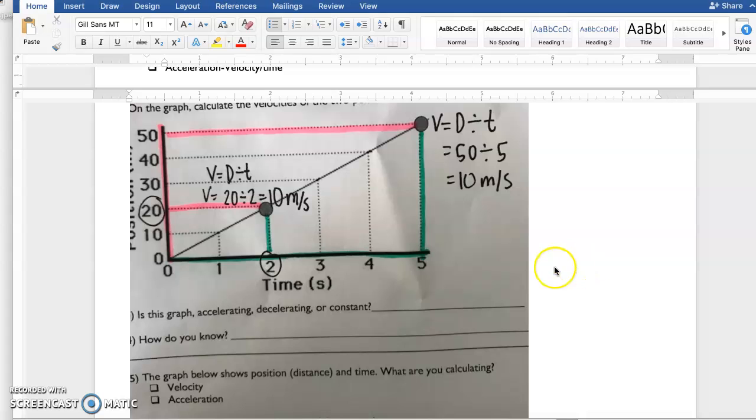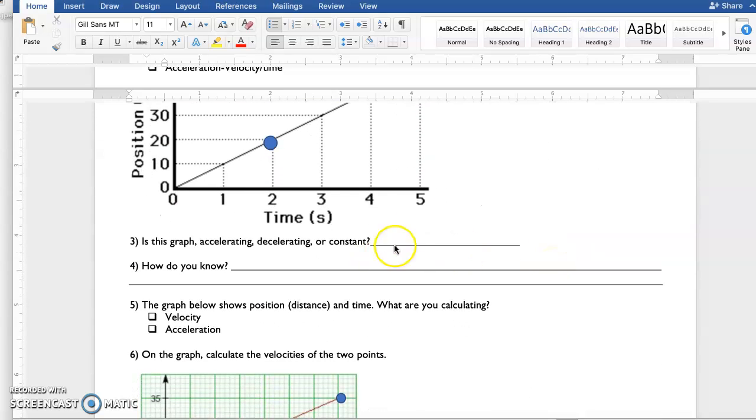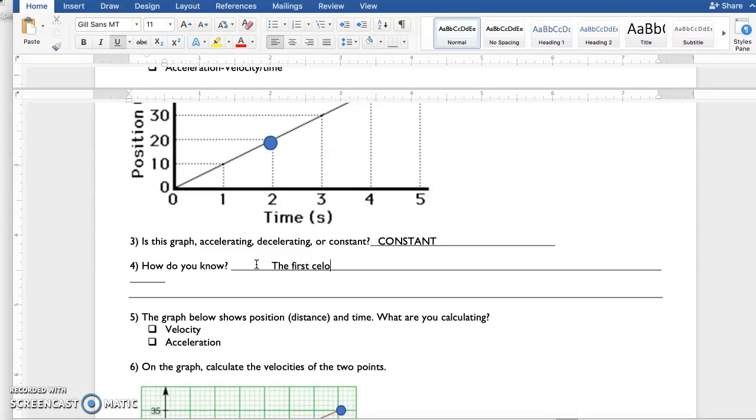So I'm going to move back up here, I'm really sorry. So this answer is constant. And how do you know? Because the first velocity is 10 meters per second. The second velocity is 10 meters per second.